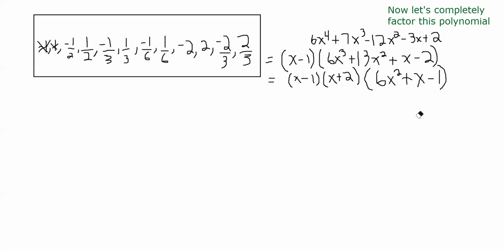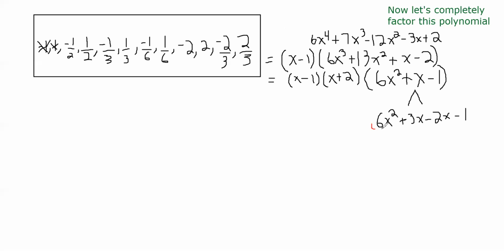And it looks like 3 and -2 are going to do that. But because the lead coefficient isn't 1, we're going to have to use factor by grouping. Or if you have a factoring method that you're already comfortable with, then I say, let it be. I will not overcomplicate things.